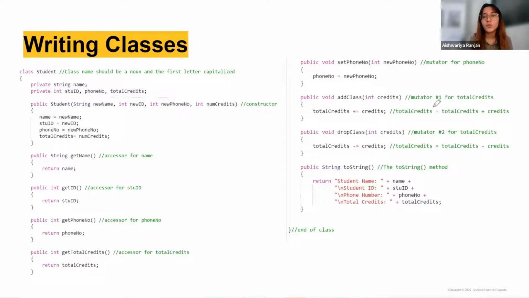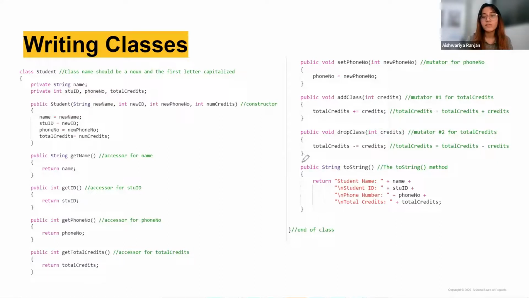Over here we have two mutators, meaning they're modifying or updating total credits. So we have add class and we have drop class. Drop class would take that amount of credits in the input list and subtract that from the total credits. So you have public void because it's not returning anything, it's just modifying total credits by this amount in the input list.